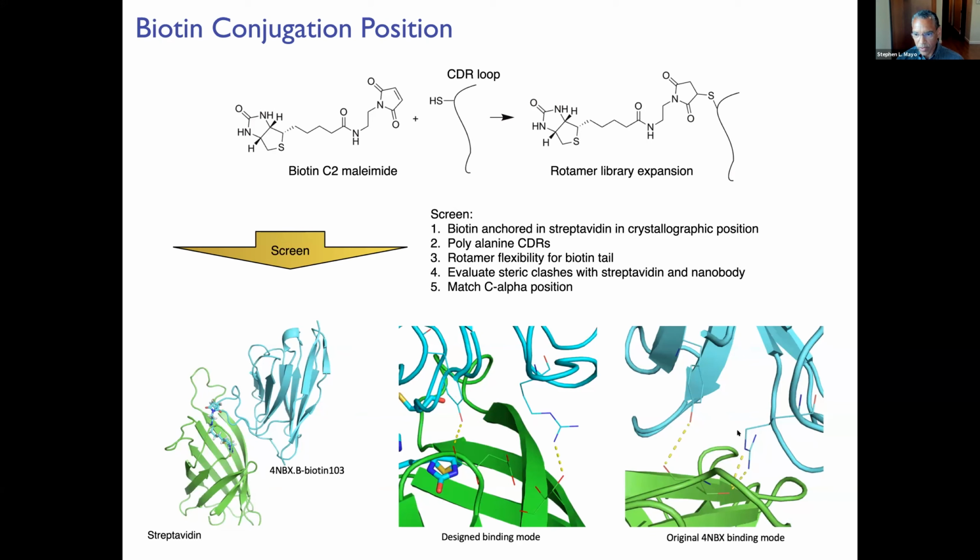Here's the original crystal structure. Those interactions are preserved in our design model, which gives us some confidence that the positioning of the nanobody is unstrained and looks like it might accommodate the kinds of interactions that we're trying to develop in the system.